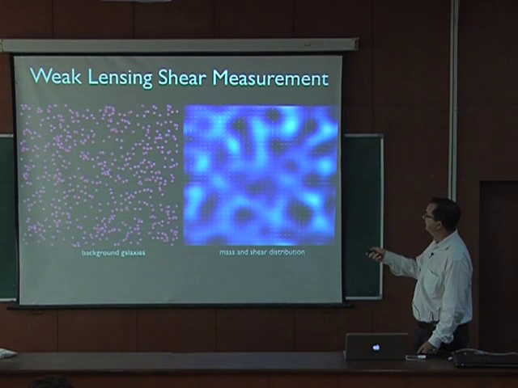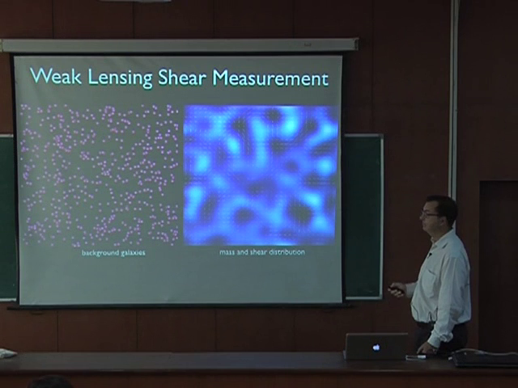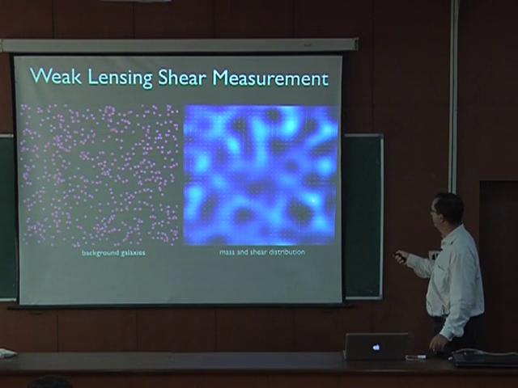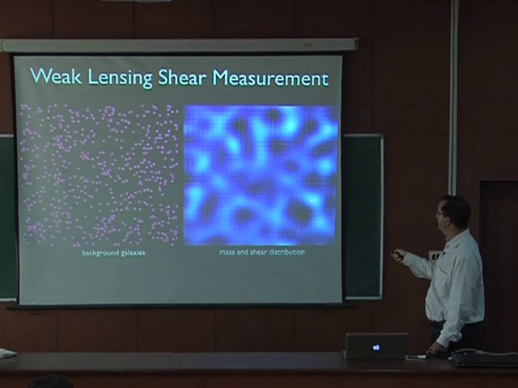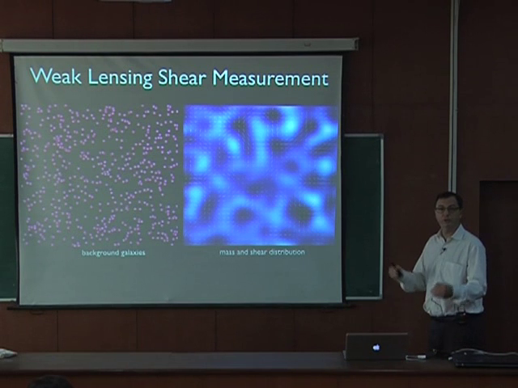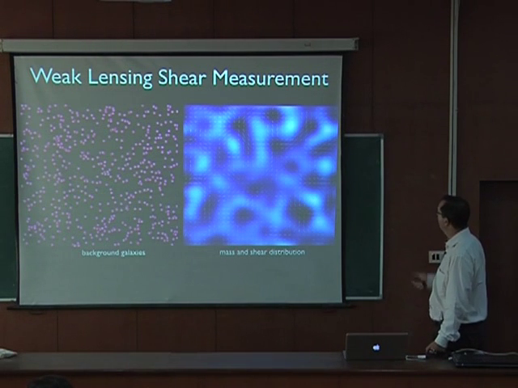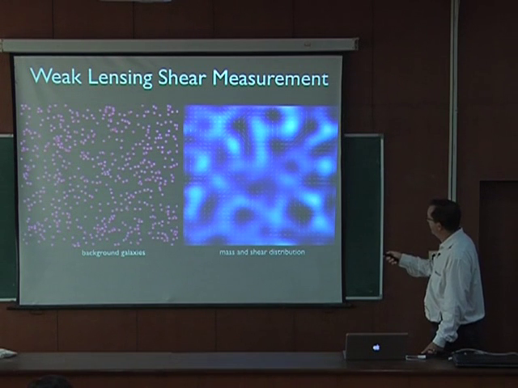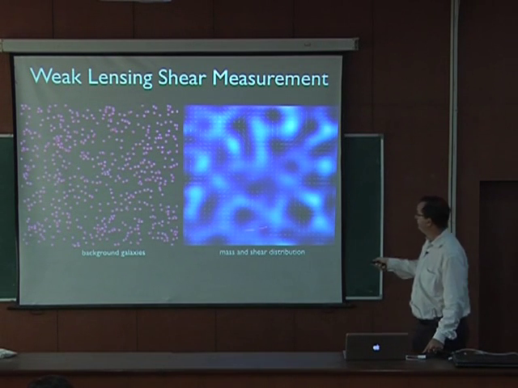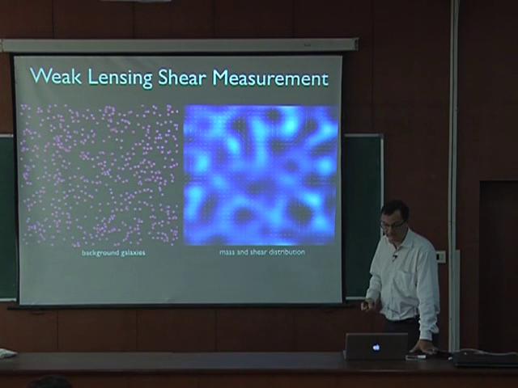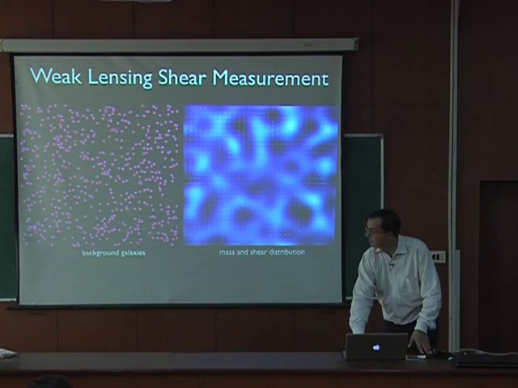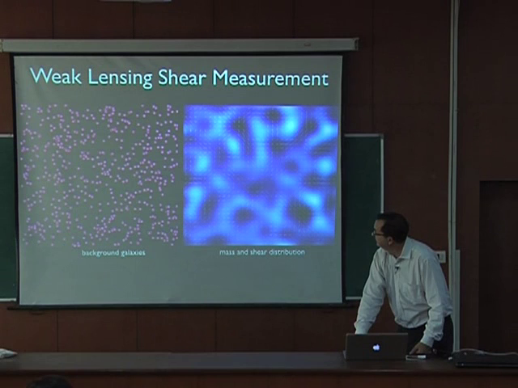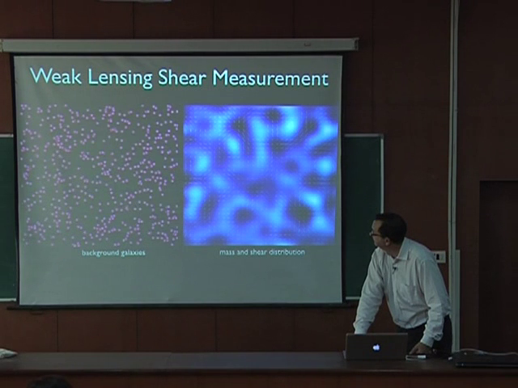But let's suppose that between us and these galaxies, we have some mass distribution shown by this. So this would correspond in light blue to overdensities, and in black this would correspond to underdensities. Then the galaxies would get lensed by these mass density perturbations, and instead of seeing them like this, we would see a distorted version of them.